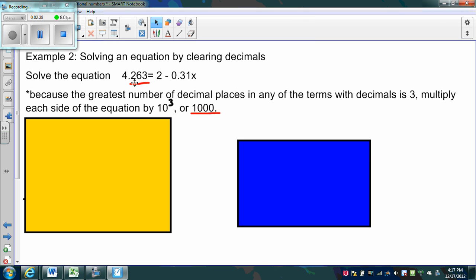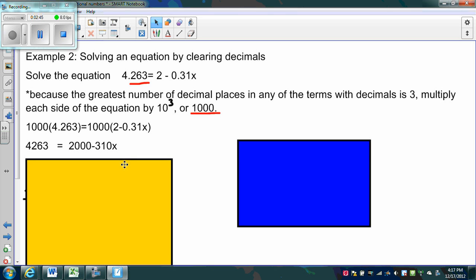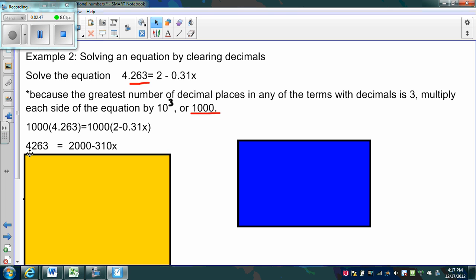So essentially, we're going to be moving that decimal place over. So if we say 1,000 times both sides, again, we're using the distributive property, we're going to get 4,263 equals 2,000 minus 310x. There's no more decimals left in this problem. We don't have to worry about them anymore. And since we did the same thing to both sides, they're equivalent.